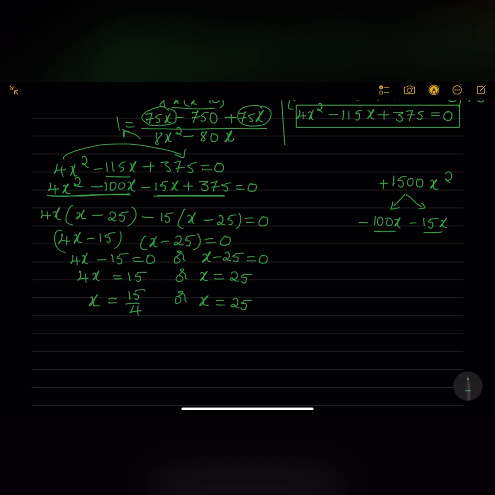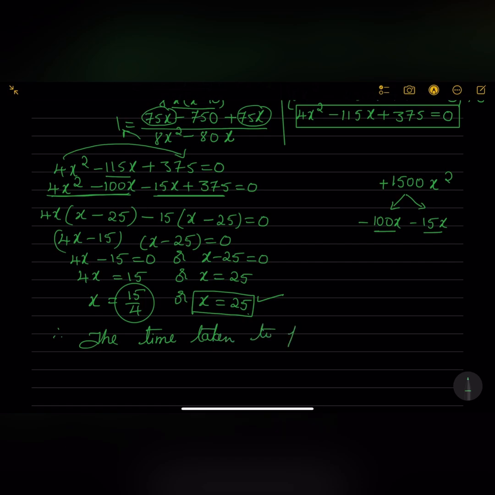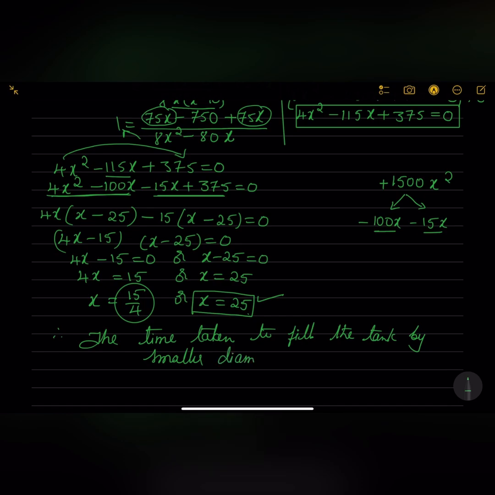So what is x? X is nothing but the time taken to fill the tank by a smaller tap, and this is 25. This 15 by 4 is ruled out, right? And 25 hours. So therefore, the time taken to fill the tank by a smaller diameter tap is equal to 25 hours.